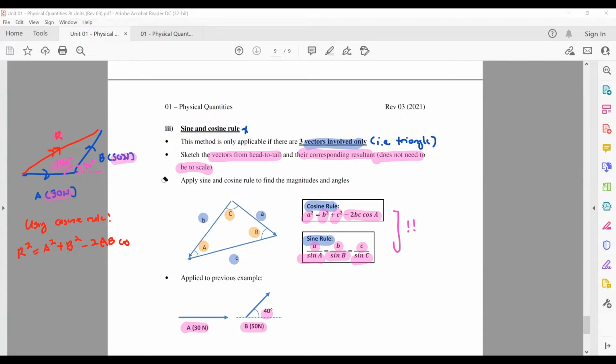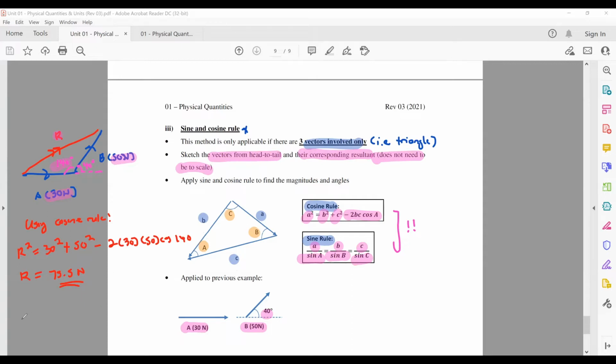Maybe rather than writing it like this, I just substitute the values first for you, so as not to cause any confusion. So it will be 30 squared plus 50 squared minus 2 times 30 times 50 cos 140. Your R would eventually give you 75.5 Newton. This one you will still get the same answer as before.